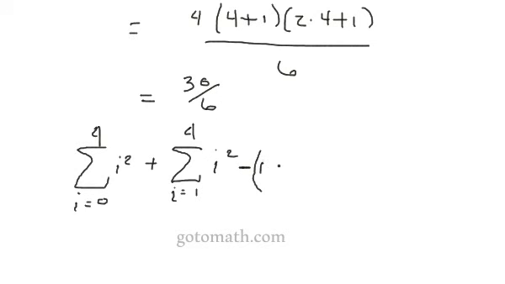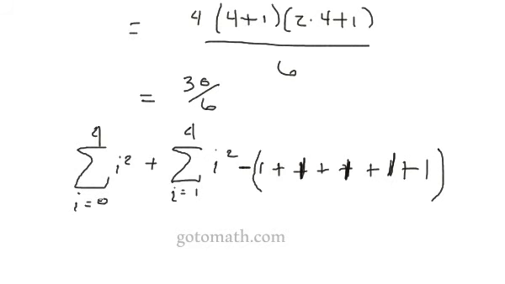So we would have 1 plus 1 plus 1 plus 1. Think of this as 0, 1, 2, 3, 4. So there's really 5 of them here, right? 0, 1, 2, 3, 4.